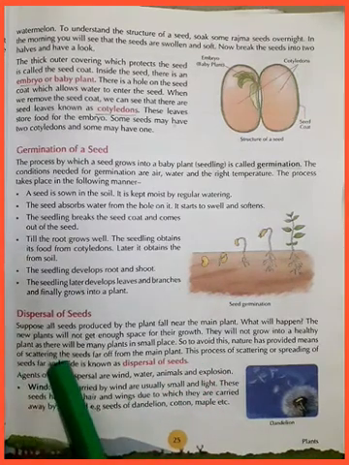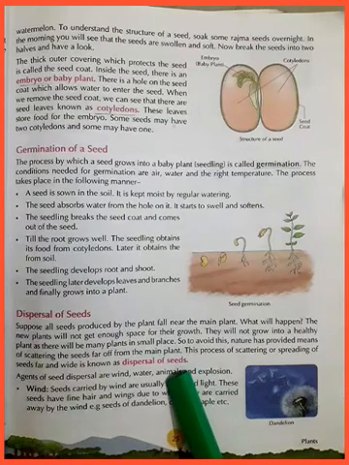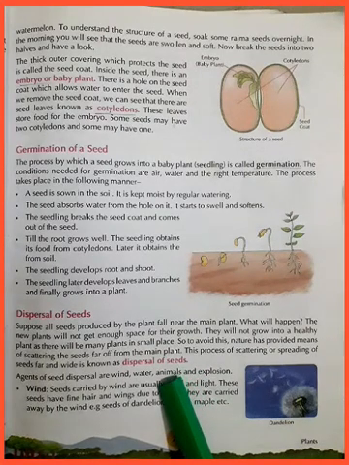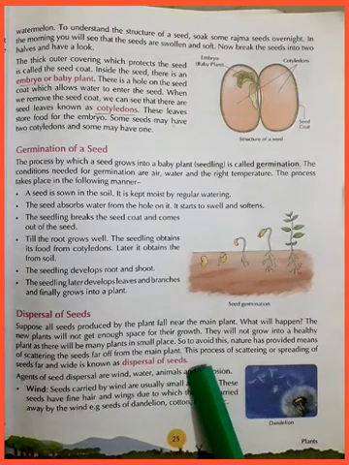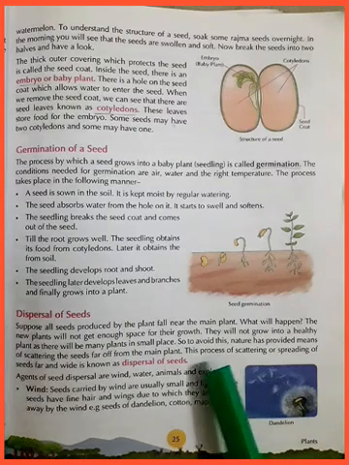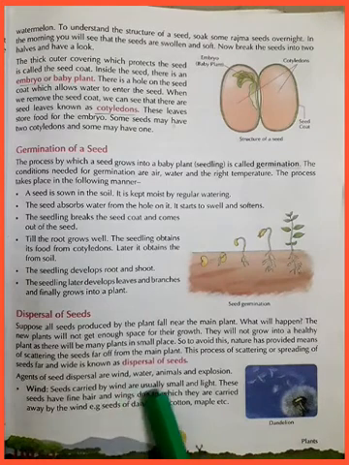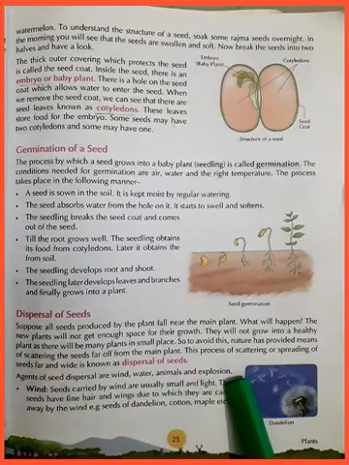So seeds are dispersed by the air, and by water also, when it rains the seeds are blown away or water is spread on them. Then at the other place it takes the form of a plant, it germinates. So there are many agents of seed dispersal like wind, water, animals and explosion.